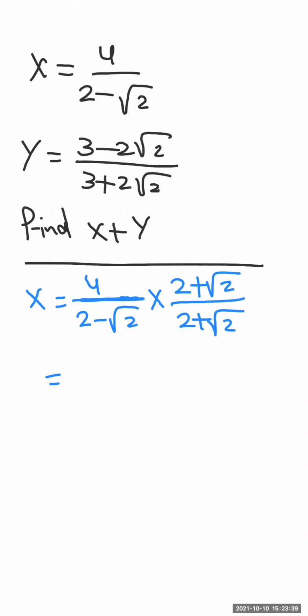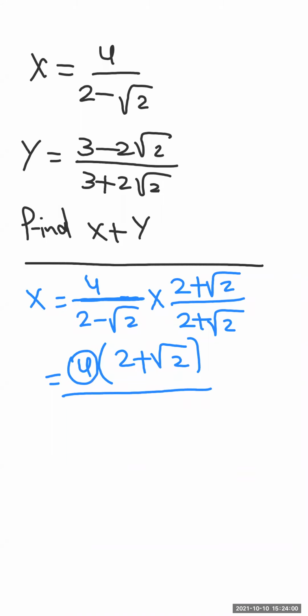Now 4 times 2 equals 8 plus 4 times the square root of 2. I will keep it like this, 4 times the bracket 2 plus the square root of 2, because we will simplify this 4 on the numerator with the denominator.